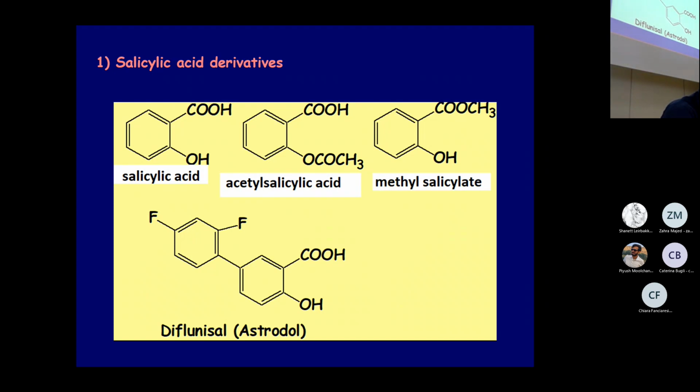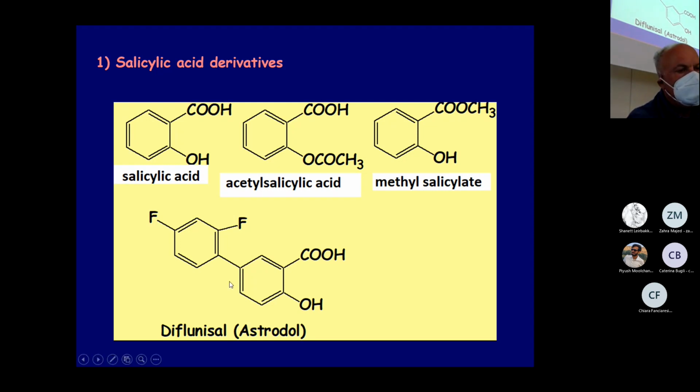But really, they discovered a very interesting compound. We'll see the mechanism of acetylsalicylic acid on cyclooxygenase. It's the only compound able to give a covalent block of this type of enzyme.